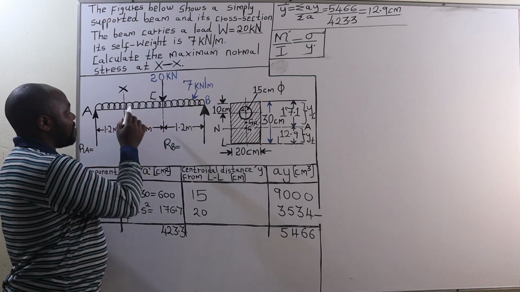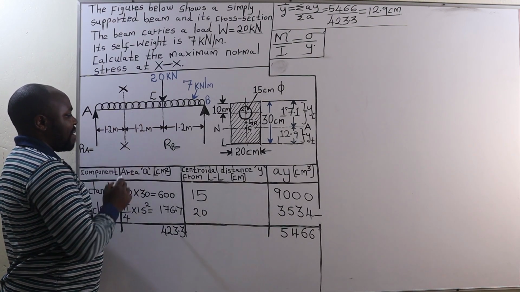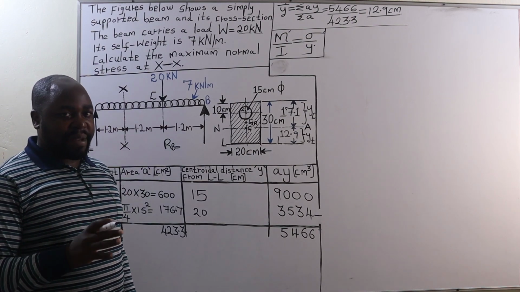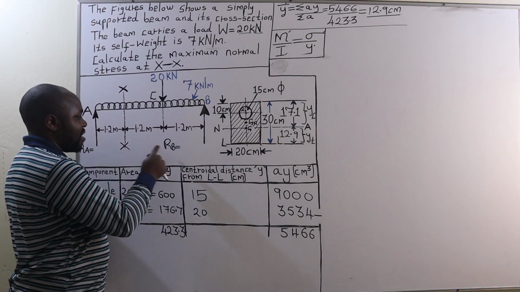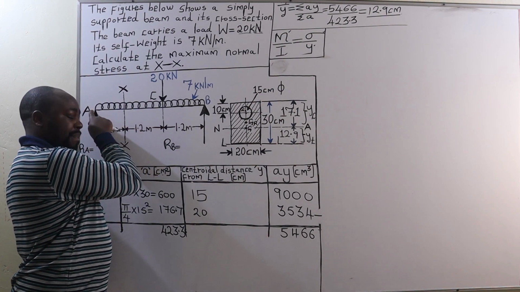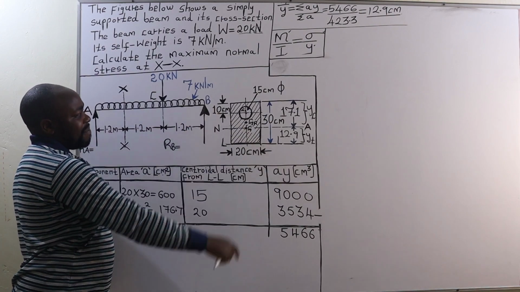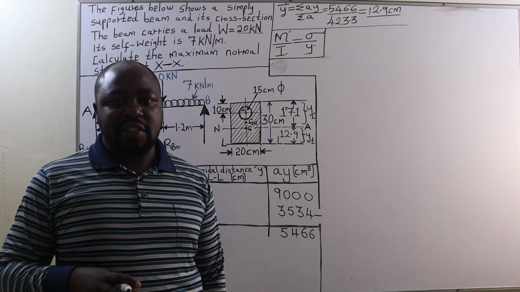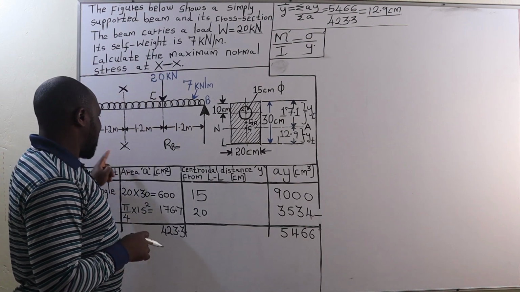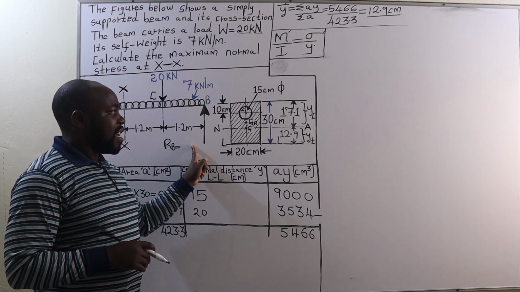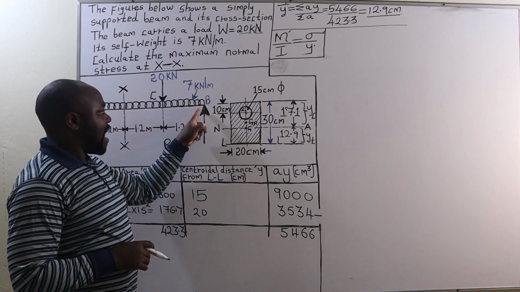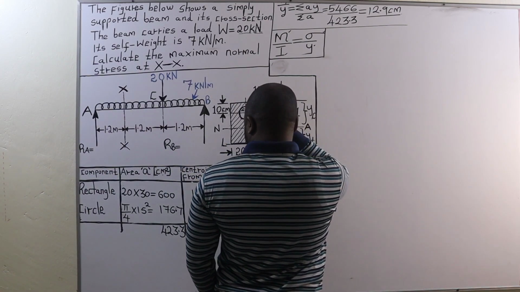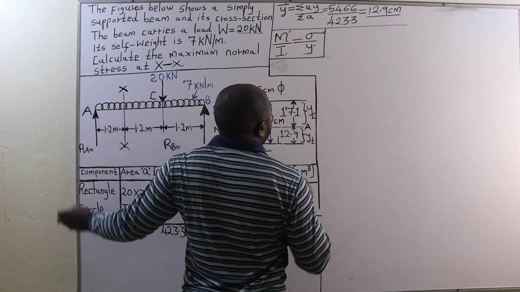Now, for us to be able to calculate the bending moment about this section, first of all, we have to determine the values of the reactions at support A as well as at support B. Remember, for every action, there must be an equal and opposite reaction. Therefore, we must determine the values of these two reactions. And we are going to begin with the reaction at support B. And in this case, we are going to take moments about end A.